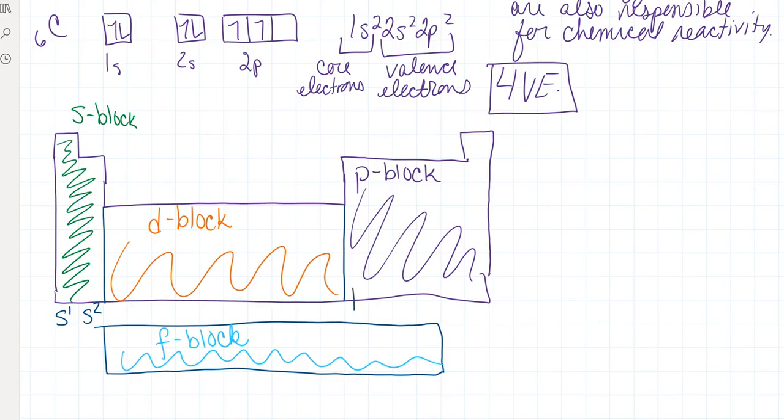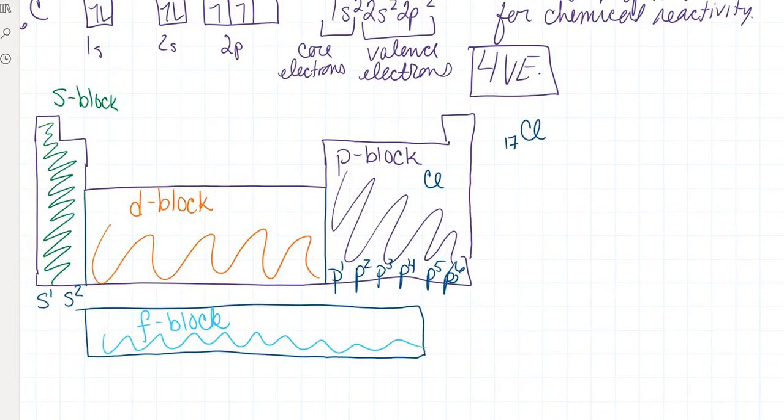As we go through our main block, we'll see that it's p1, p2, 3, 4, 5, 6. If I were to take a look at, say, chlorine, for example, chlorine has 17 total electrons, and chlorine would be right here on the periodic table. So it'll end in a p5.